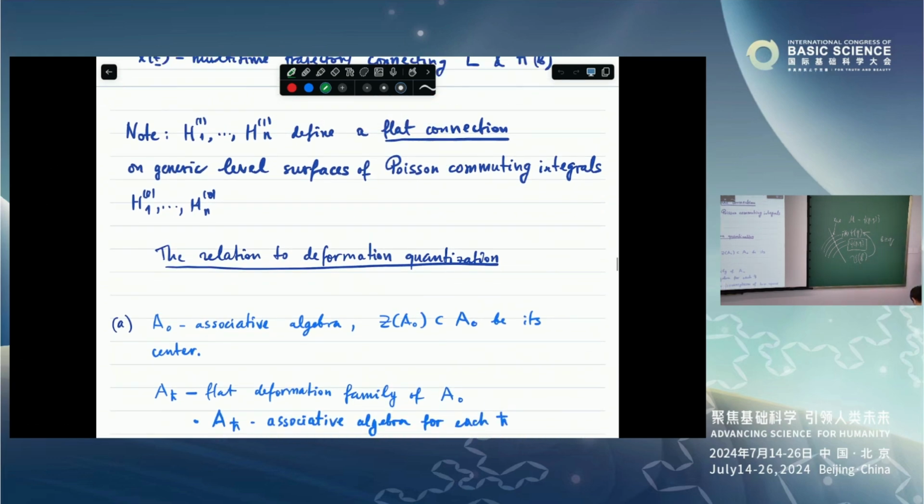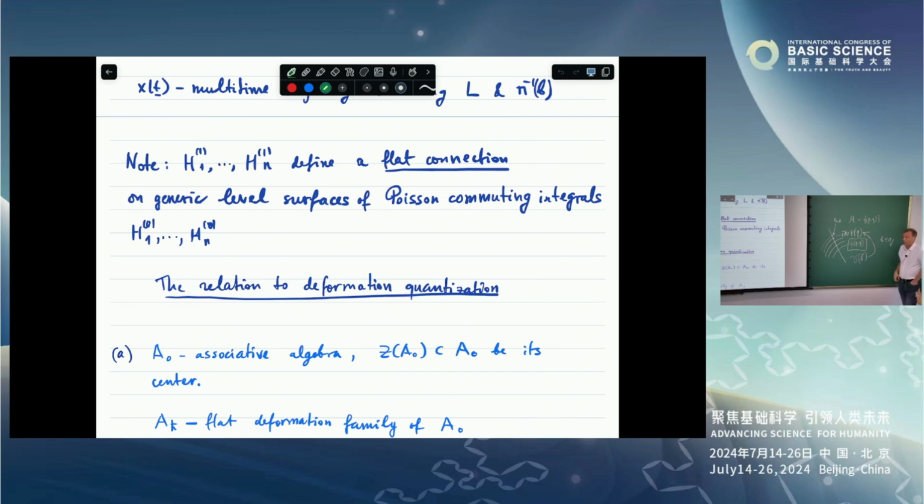Okay, any questions about this setup? So far it's a rock that falls from the sky, and I didn't explain any relations to anything that we know.